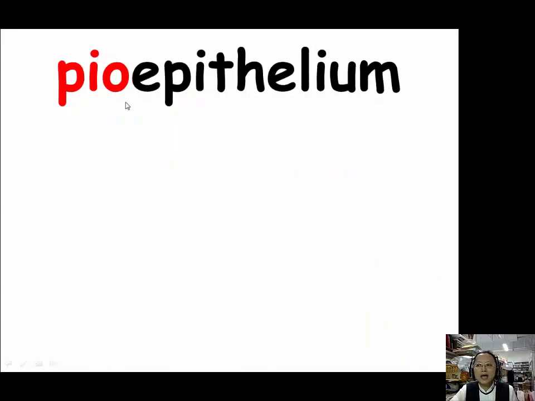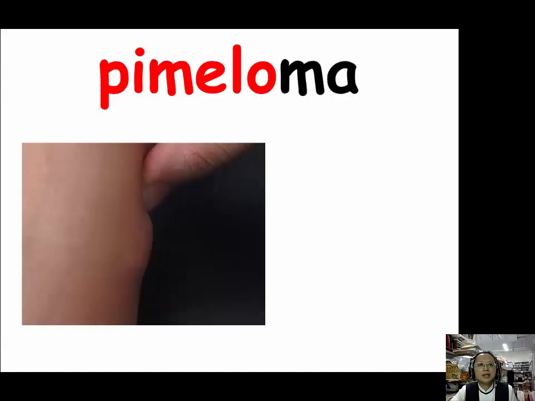For pio, P-I-O, our example is pioepithelium. Because I couldn't find a picture for pioepithelium, you have to imagine. Pioepithelium is referring to epithelium that contains fat globules. And for pimelo, P-I-M-E-L-O, our example is pimeloma.